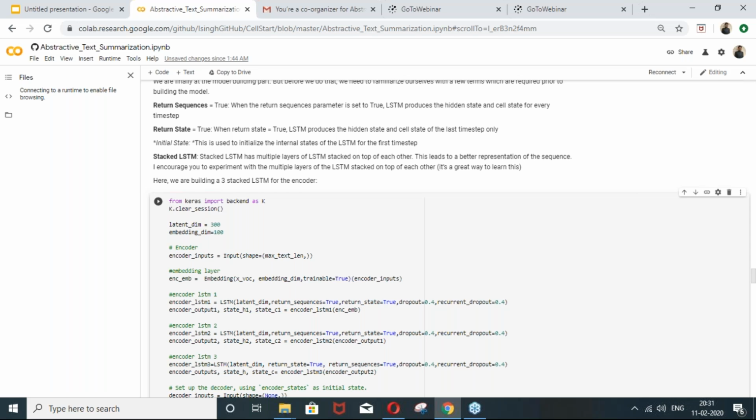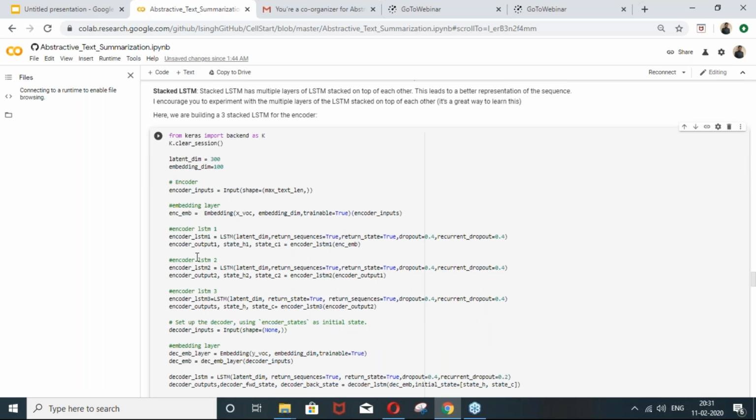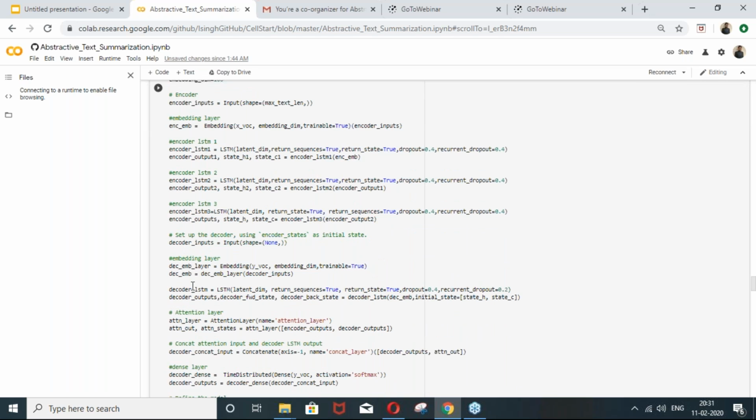If the output is not improving, there is no point in increasing the layers. So here I have used 3 stacked layers: LSTM layer 1, LSTM layer 2, LSTM layer 3. And we are adding the attention layer, which I told you gives attention to particular important words.